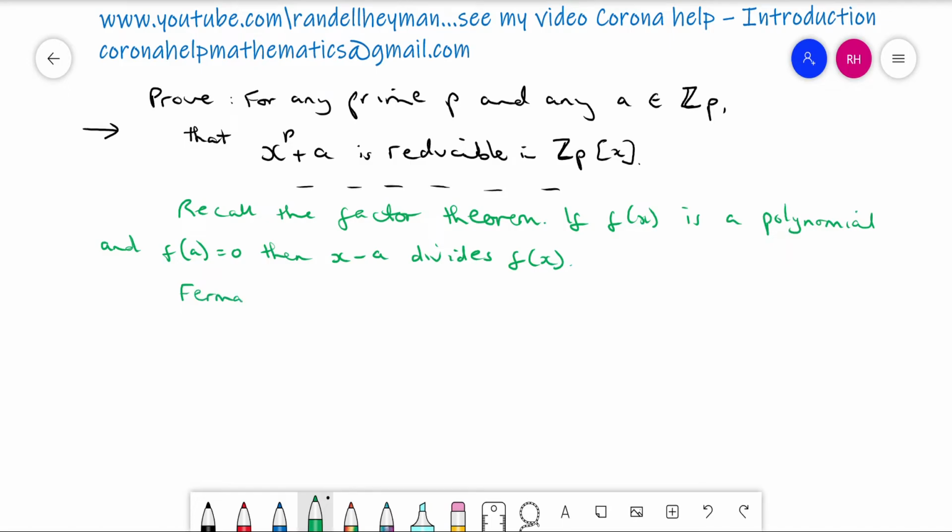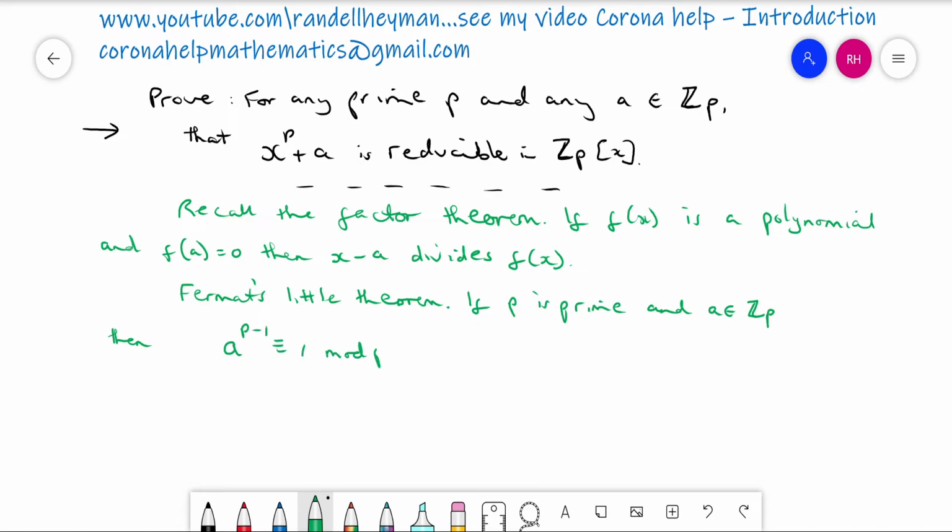Fermat's little theorem: if p is prime and a is an element of Z_p, then a to the p minus 1 is congruent to 1 mod p.